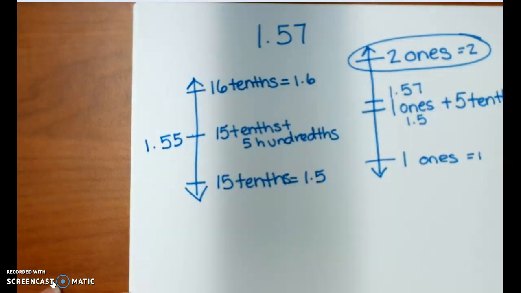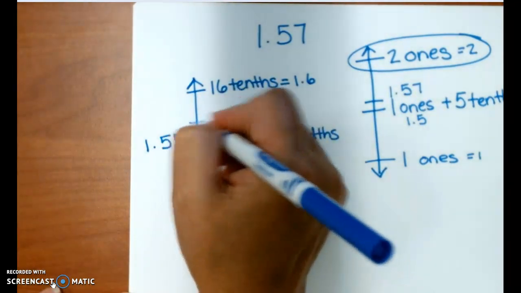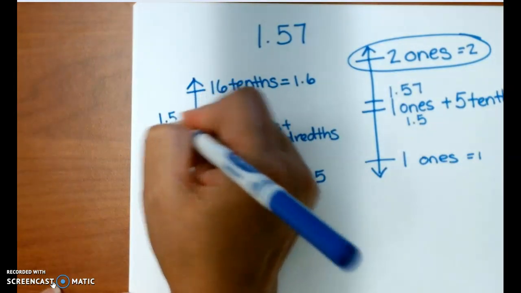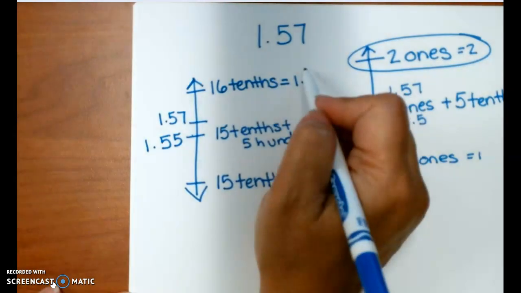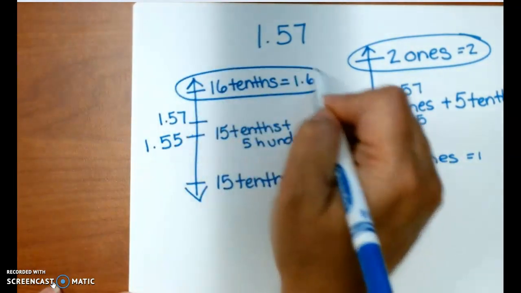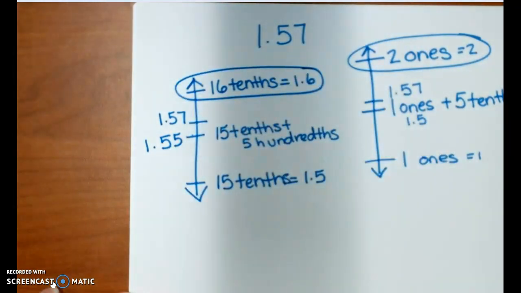Well, I have 15 tenths and 7 hundredths. So that's a little bit more. So I'm going to round up to 16 tenths, or 1 and 6 tenths. Okay, you with me? All right, holding on. We're holding on.